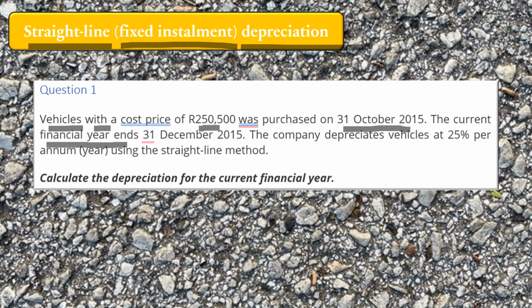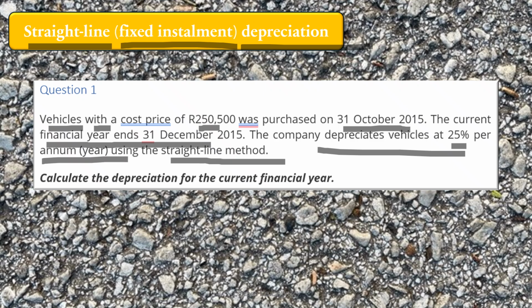The current financial year ends the 31st of December 2015. The company depreciates vehicles at 25% per annum using the straight line method. Calculate the depreciation for the current financial year.